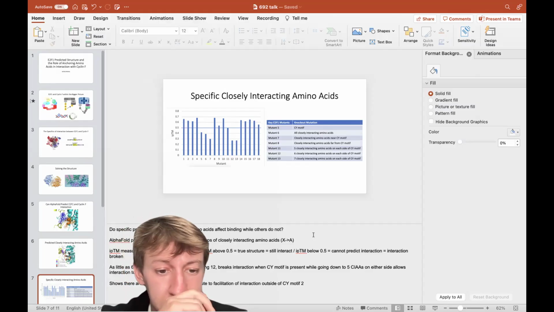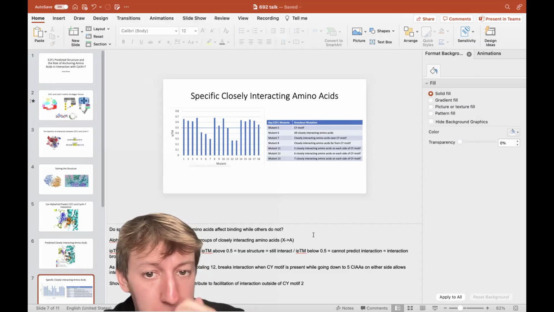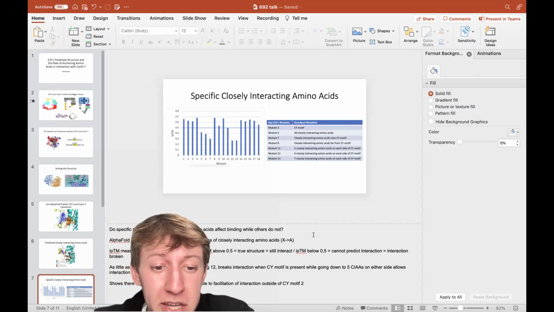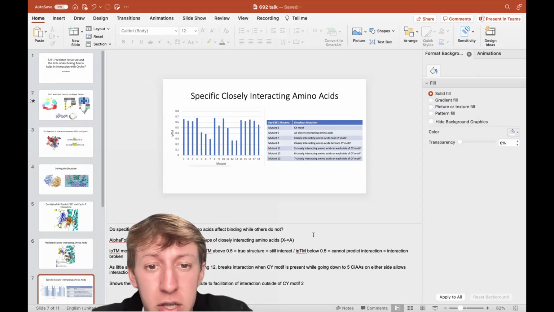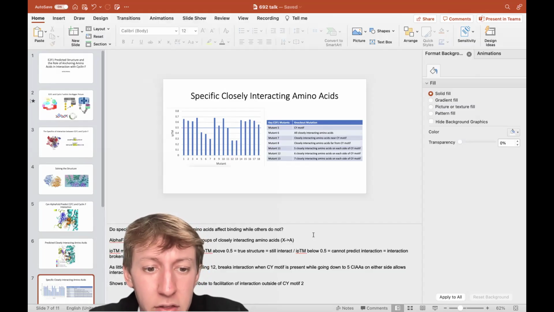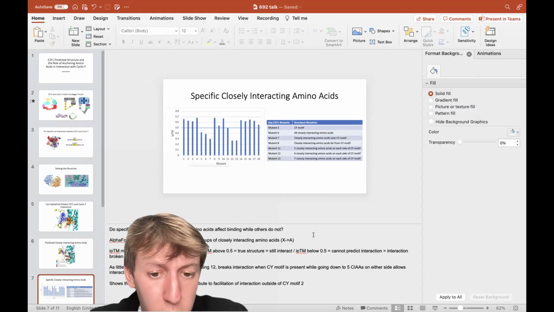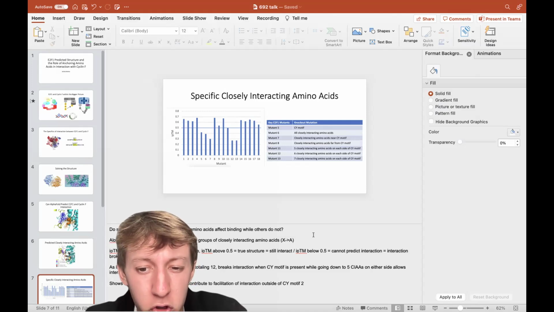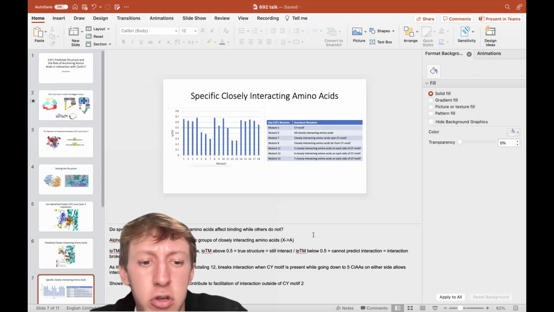And so this can be seen as the interaction between the psi motif 2 and the MREL having been broken. From this data, it was found that mutating as little as six closely interacting amino acids on either side of psi motif 2, which is a total of 12, breaks the interaction between the psi motif and the MREL, while going down a little further to 5 amino acids on either side, or a total of 10, still allows the interaction to occur.